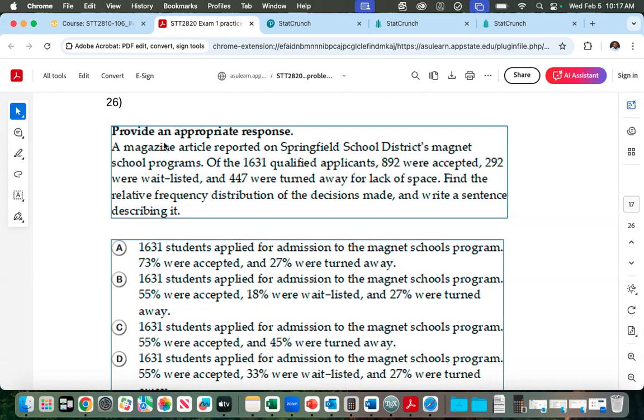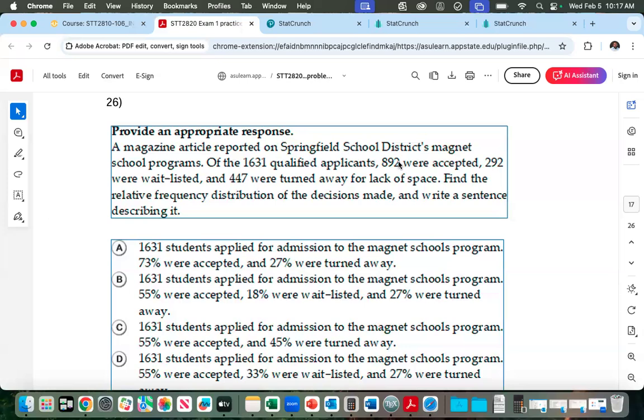Okay, let's start now. We are told that a magazine article reported on Springfield School District's magnet school programs. And we are told that out of 1631 qualified applicants, 892 were accepted.